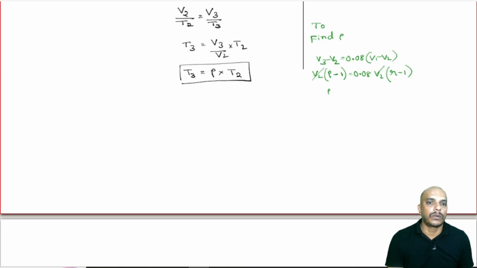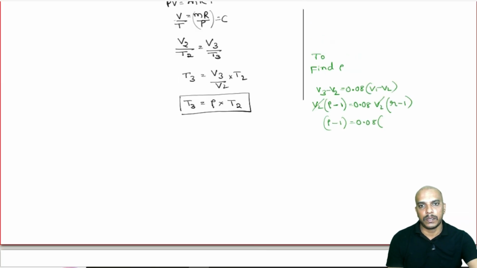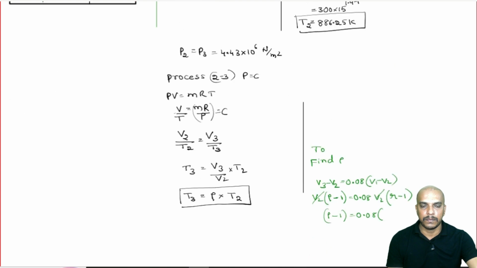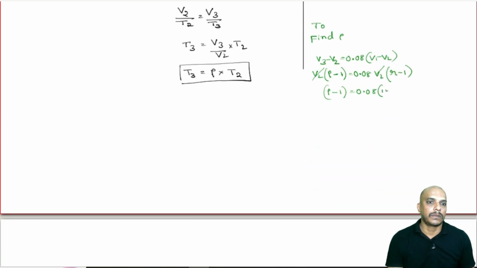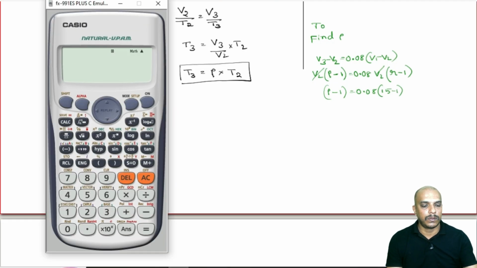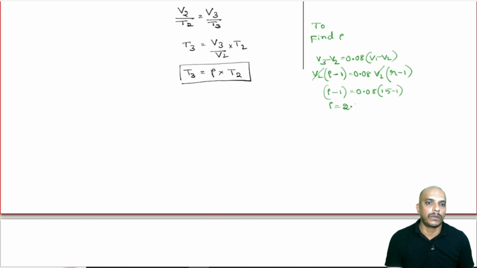Rho is the unknown: rho minus 1 is equal to 0.08 times (15 minus 1), which is 14. Solving, we get the rho value of 2.12.